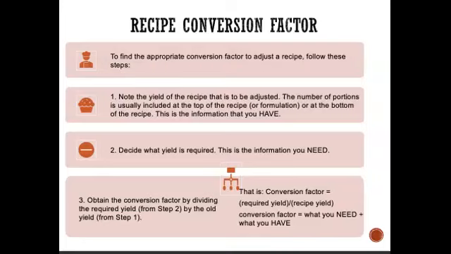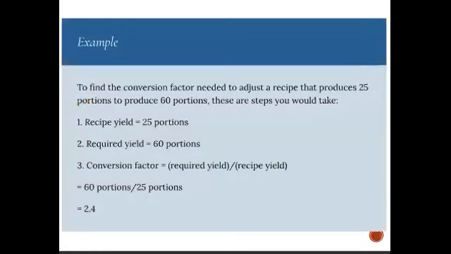What is the portions that you need to end up with, and divide it into the yield of the recipe. And that will give you a number. That number is your conversion factor. Let me show you in a better way.